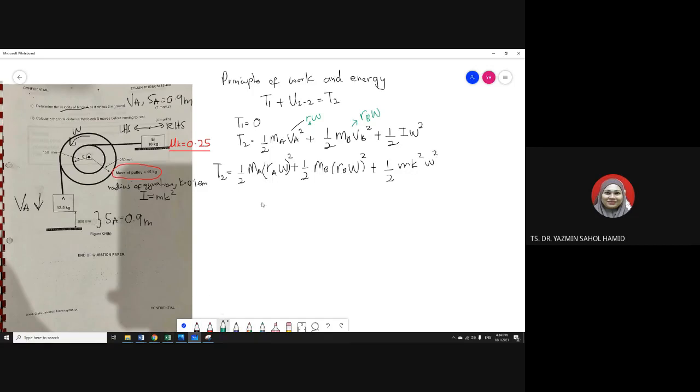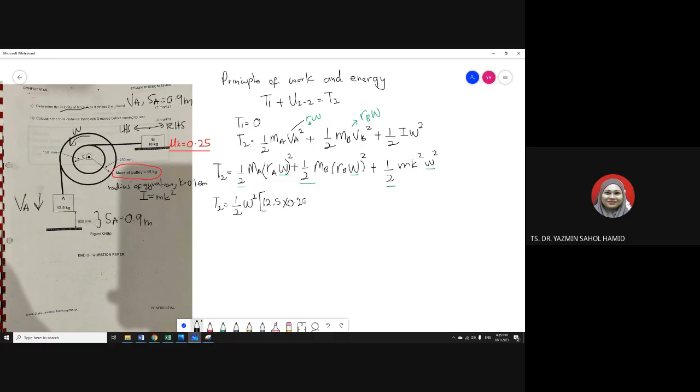If you notice, 1/2 and omega squared are the same in every term. So what we can do is take those two out and put in a bracket: 1/2 multiplied by omega squared. So we are left with MA. What is our mass of block A? 12.5 kg. I just want to ask because I want to make sure you're alert.